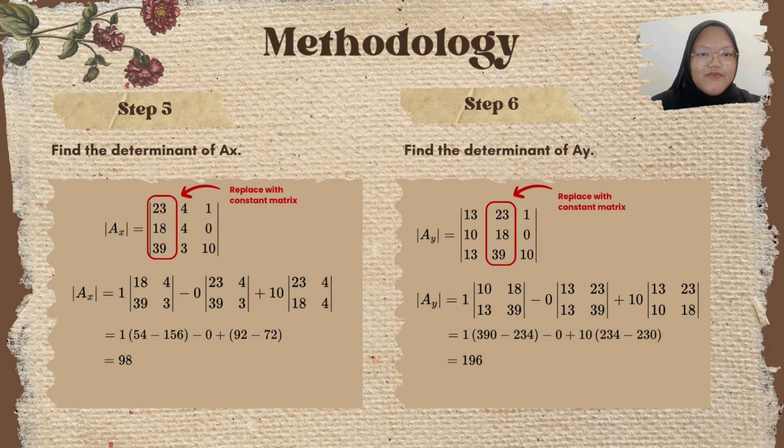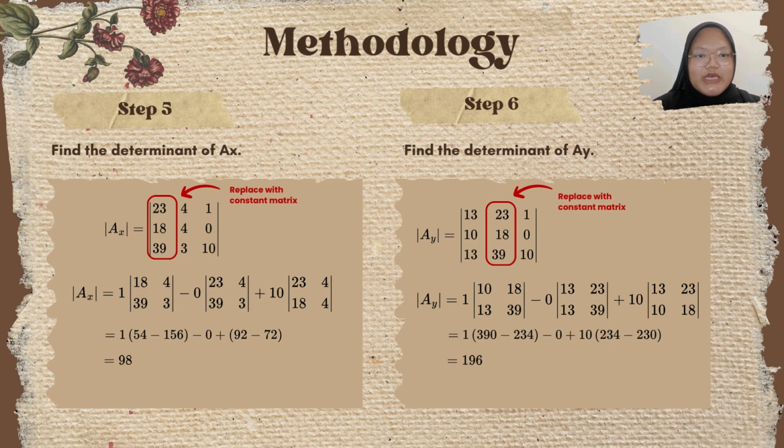Step 5. Find the determinant of AX using cofactor expansion, but we have to replace the first column with the constant matrix, which is 23, 18, and 39. Apply the same method from step 4 and then you will get 196. Same goes to step 6. Find the determinant of AY using cofactor expansion and replace the second column with the constant matrix.